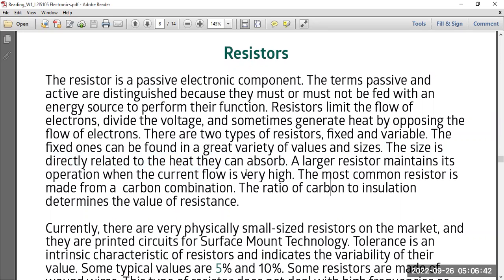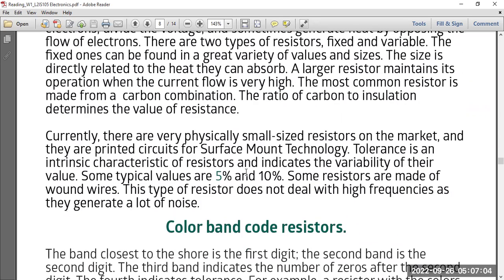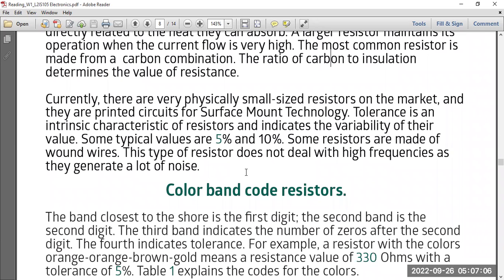So if the current flow is high, then we need a larger resistor. Similarly, vice versa, if the current flow is less, obviously I need a smaller resistor. The most common resistor is made from a carbon combination. The ratio of carbon to insulation determines the value of resistance. Currently, there are very physically small resistors in the market, and they are printed circuits for surface mount technology.